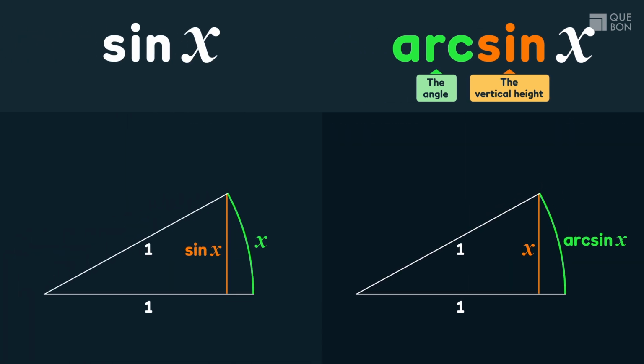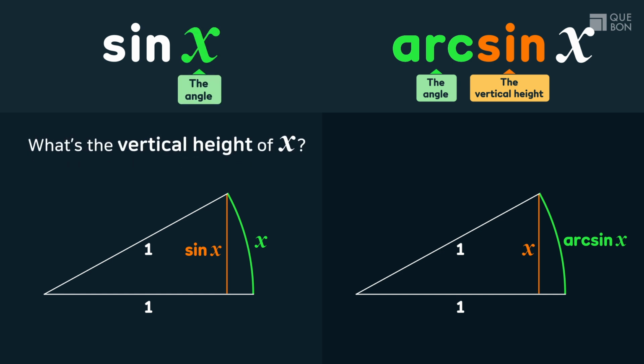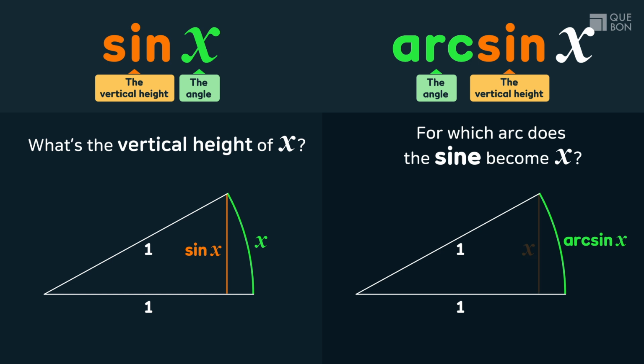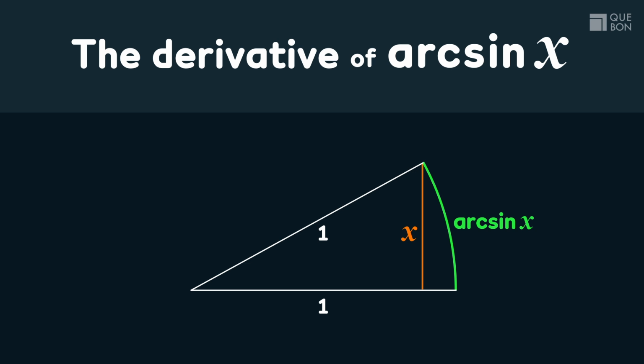It's the perfect opposite of sine x. When we say sine x, x is the angle, the arc, and the sine value is the height. But arcsine x flips the question. Here, x is the vertical height, and what we're looking for is the arc, the angle itself. Now, let's differentiate it.